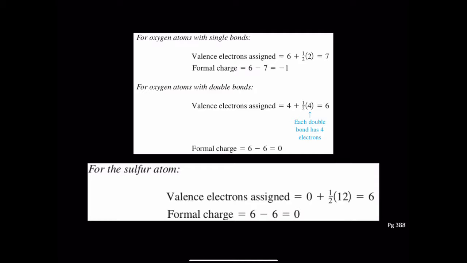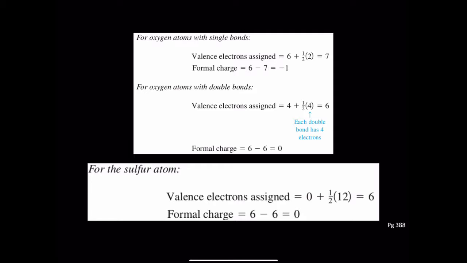All right, so for oxygen atoms here with single bonds, the formal charge would be 6 minus 7, right? And then for oxygen atoms with double bonds, we have 4 lone pair electrons, and then we've got 4 electrons that are bonded, and those are 6. So the formal charge would be 0, right?